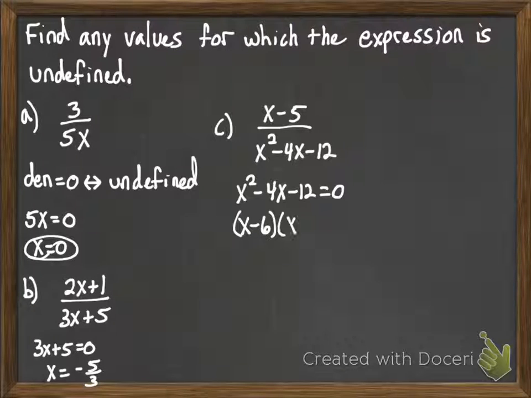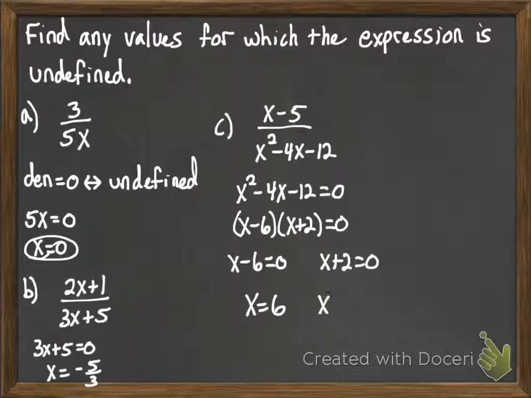Here we factor because things that multiply to be negative 12 and add to be negative 4 would be a negative 6 and a positive 2. And again, once we've factored it, we can set each of our factors equal to 0 and then solve each of those individual equations. And so we find out there's actually two values that this expression is undefined for. Those would be x equals 6 and x equals negative 2.